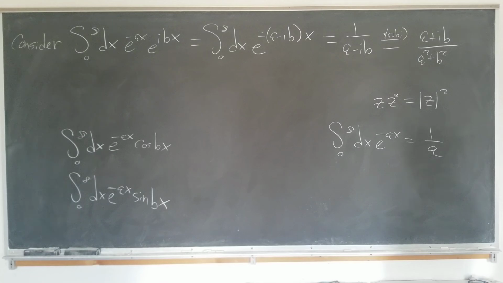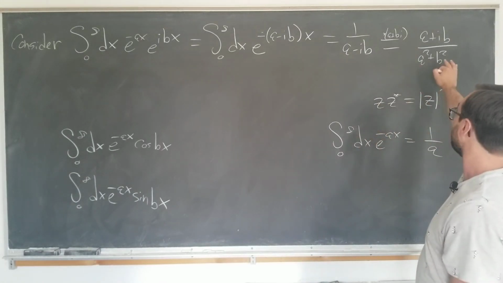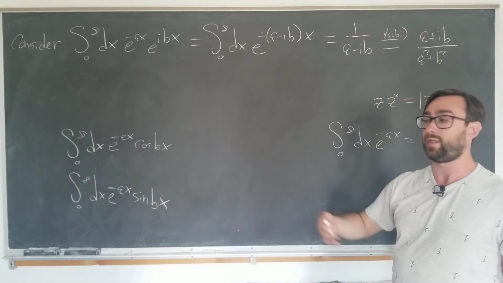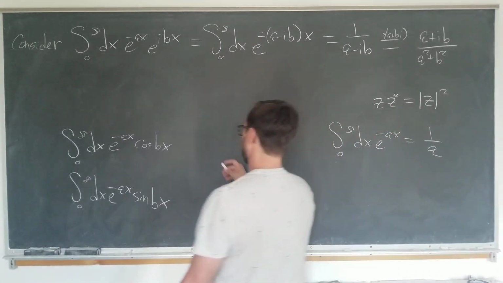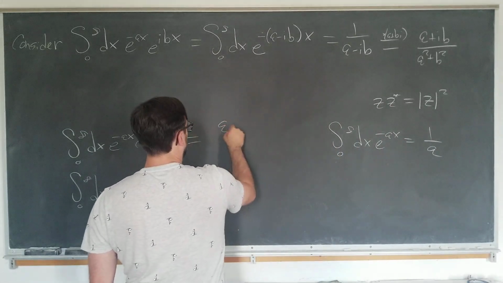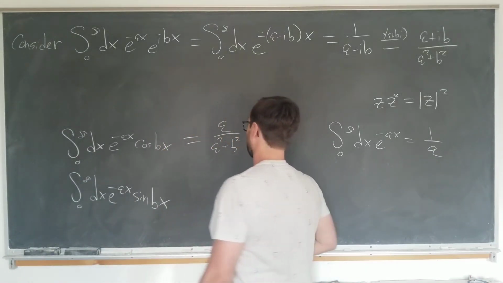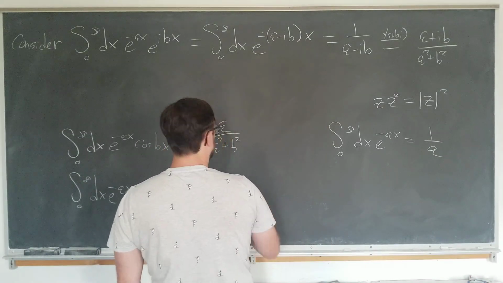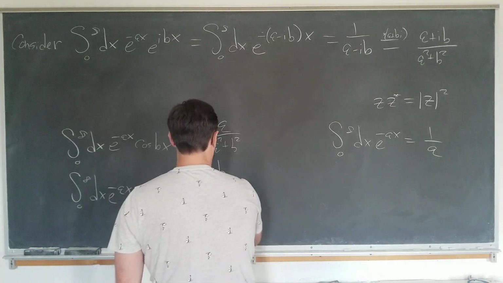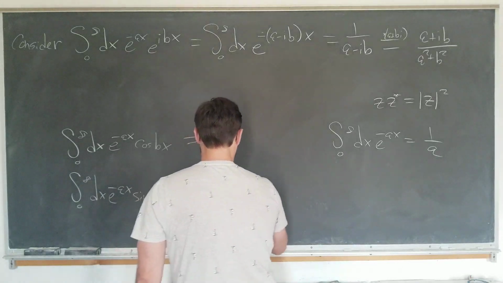Or you can multiply it out. We now have the real and imaginary parts in a form that lets us write down the values of the integrals. It's just a over a squared plus b squared for the real term, the cosine integral, and the imaginary term is going to be b over a squared plus b squared.